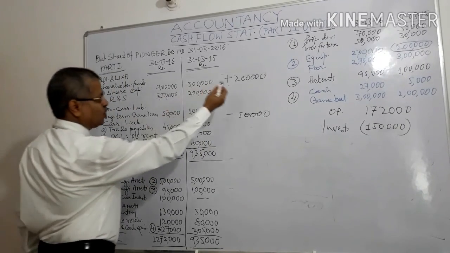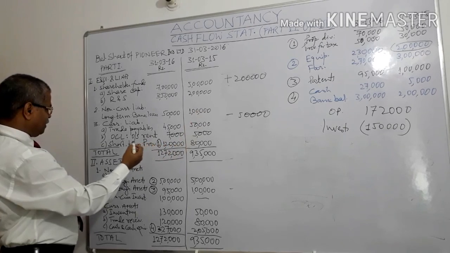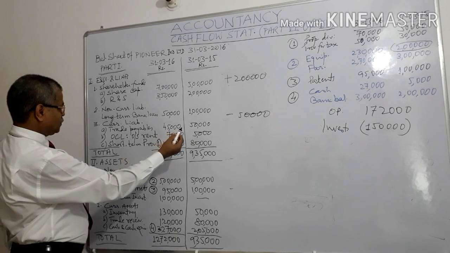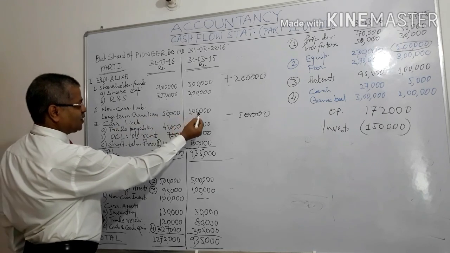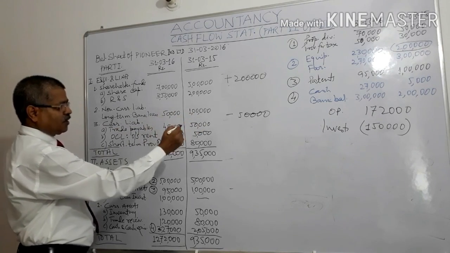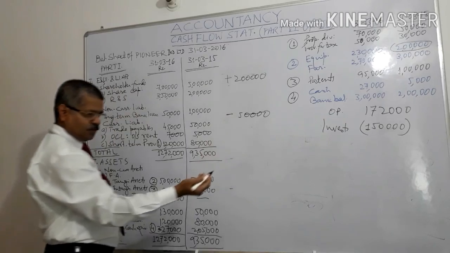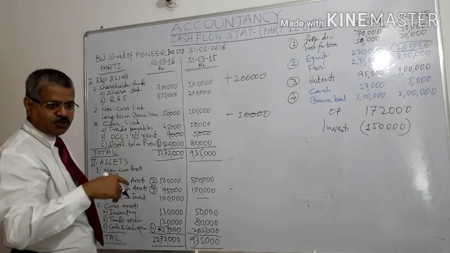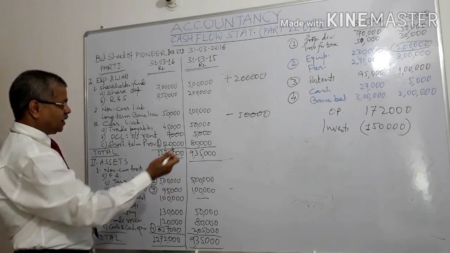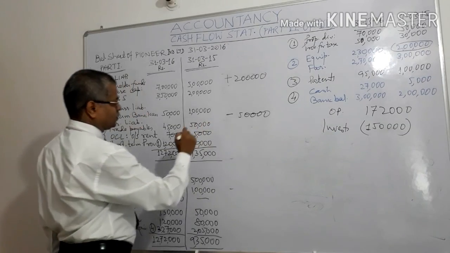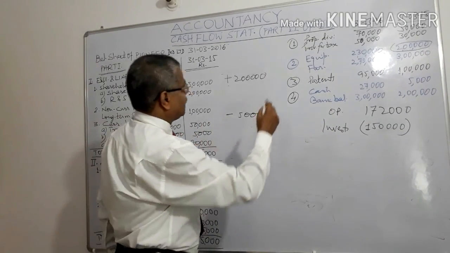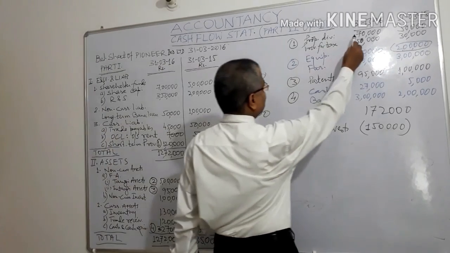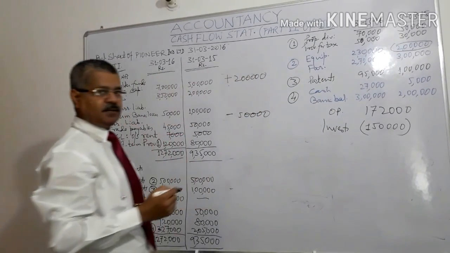So that is inflow of cash, and long term borrowing bank loans has gone down from 100,000 to 50,000. So when the liability is reduced, cash is used, right? Cash is used. And another thing is, what has happened here, proposed dividend is 70,000.